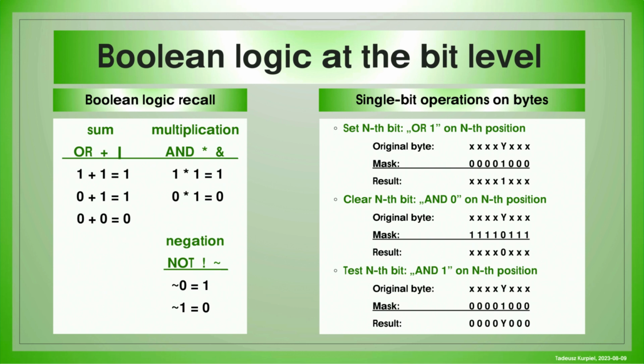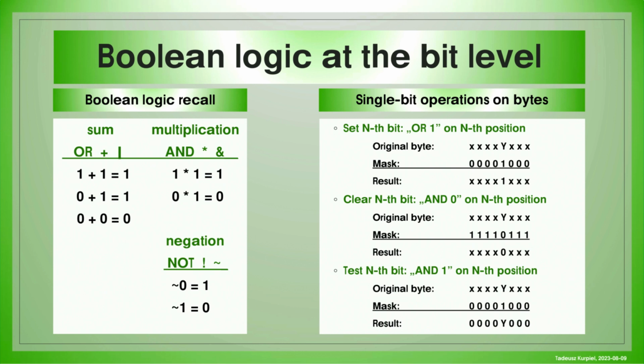Second, the logical multiplication, known also as AND, with the asterisk or ampersand as operators, and here we get 1 only when both of the operands are 1s, and 0 when at least one of them is 0. And the last one, the logical negation, the NOT operation, with the exclamation mark or tilde used as its operators. For 0 it produces 1, and for 1 it produces 0.